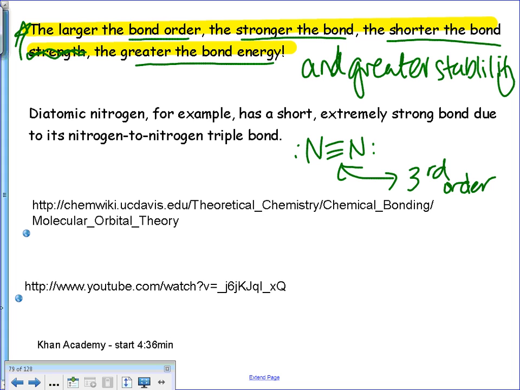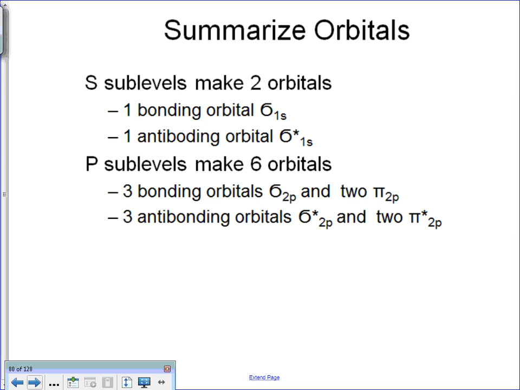There's some great links here if you want some more information on this. Okay, so the orbitals are labeled a little funky. They're labeled as sigma, sigma star, or pi and pi star. And so that's what I've indicated for you. Knowing that the star indicates an excited, it's not really excited, it's a high energy state.